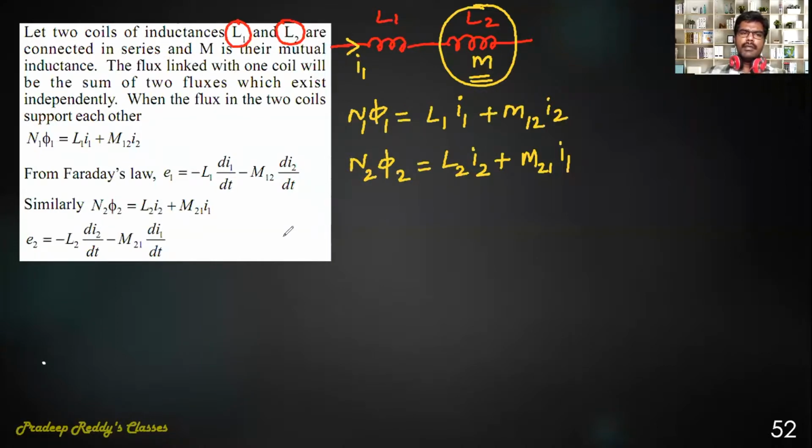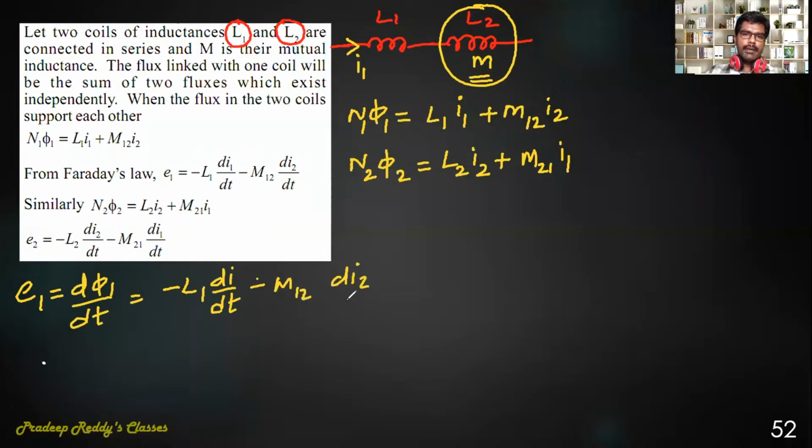As we know, the EMF induced in the first inductor will be equal to minus d phi 1 by dt, which is equal to minus L1 di1 by dt minus M12 di2 by dt, because EMF induced is equal to minus d phi by dt for the number of turns N equal to 1.